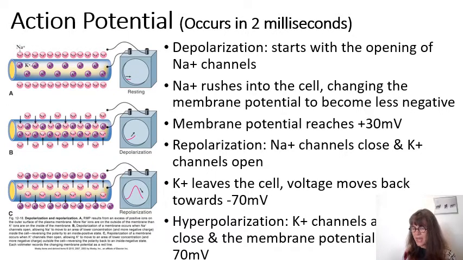This allows potassium to exit the cell, and when potassium exits the cell, that means that it takes its positive self with it, making the inner portion of the membrane more negative, going beyond negative 70 millivolts and hyperpolarizing because it's gone beyond resting membrane potential.